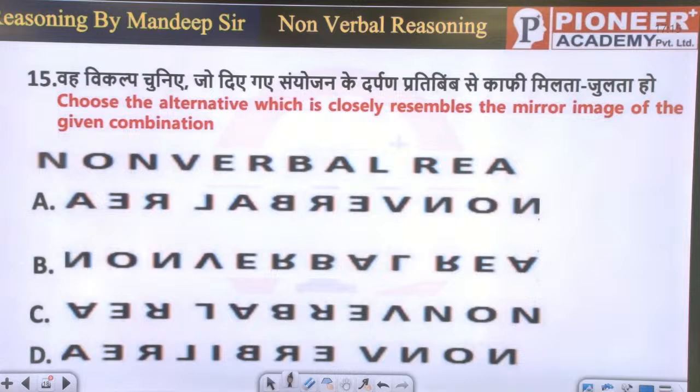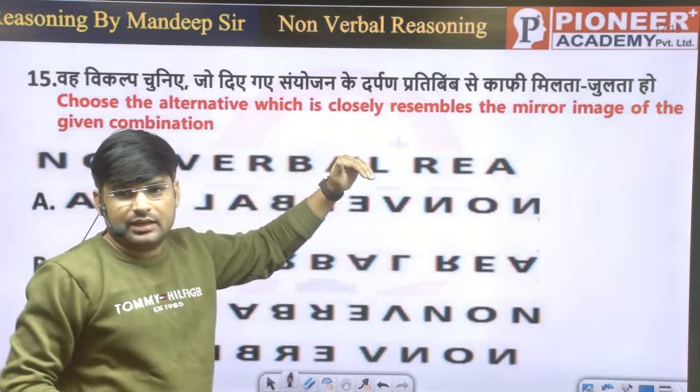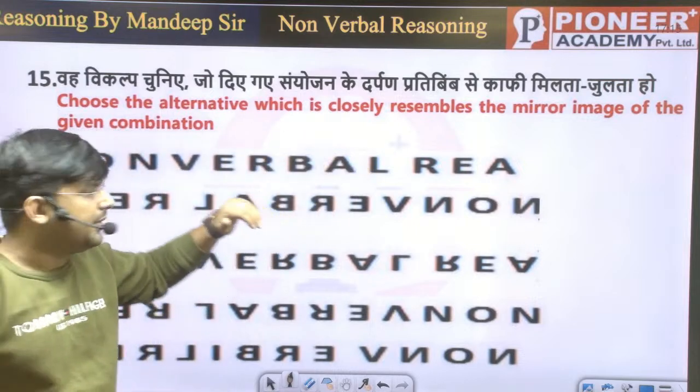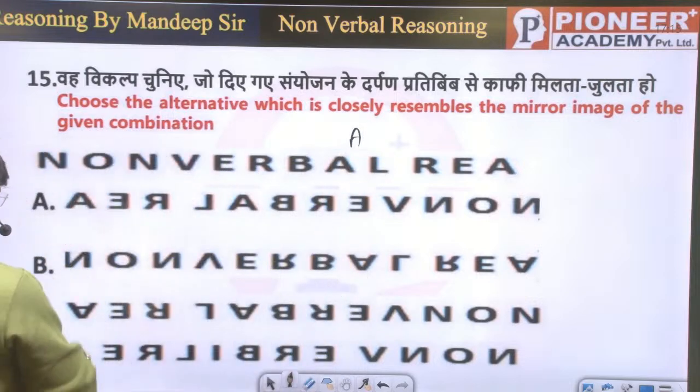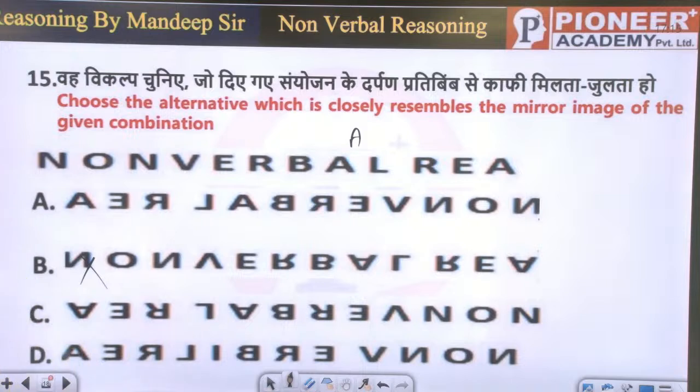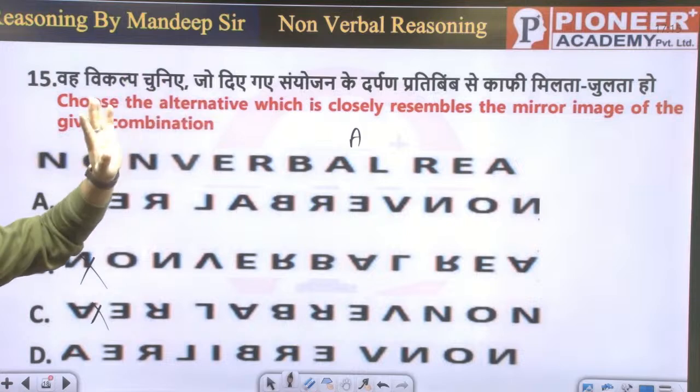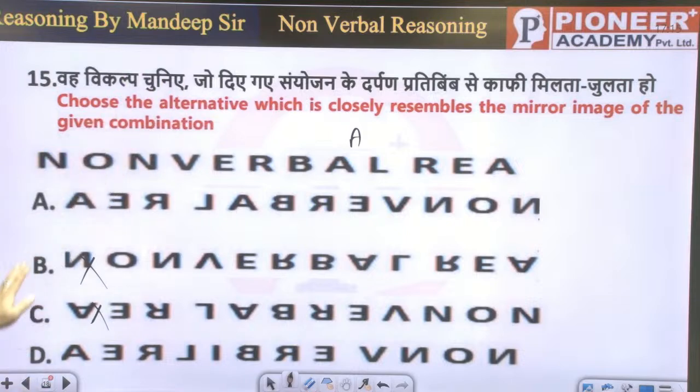Non-verbal reasoning. So in the mirror, the image is starting from A. This one is wrong, and A becomes opposite. It means it's a water image, but we have to tell the mirror image, not a water image. So A can be the right answer.